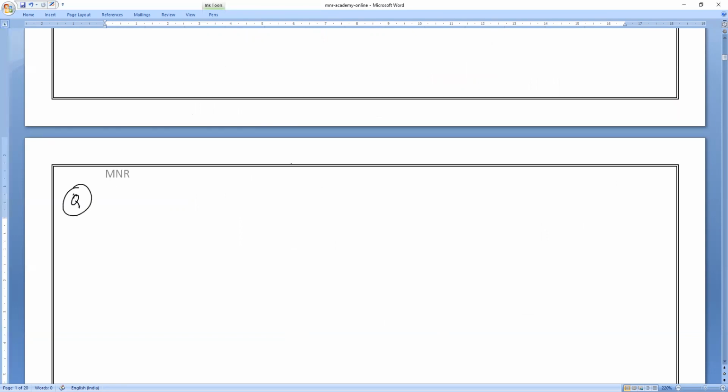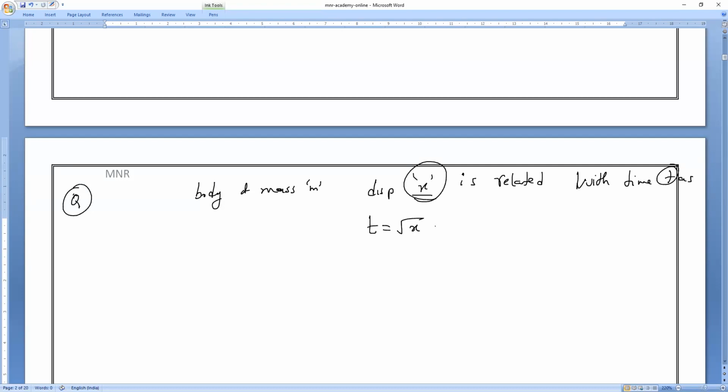I am not writing the question, only the given functions I am writing. A body of mass M, acted upon by a force such that its displacement x is related with the time t as t is equal to root over x plus 3.